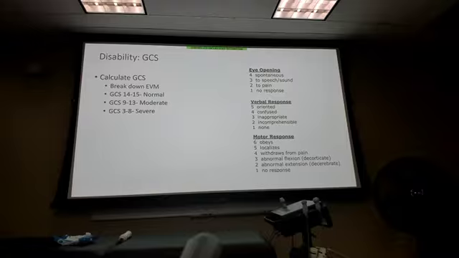So if somebody has a GCS of 8 but they're intubated, it's a GCS of 8T. That's just how we indicate that they're intubated. And 3 is the lowest possible number. You cannot have 0. You cannot have 2. Even if they're intubated, you still have to give them a 1.